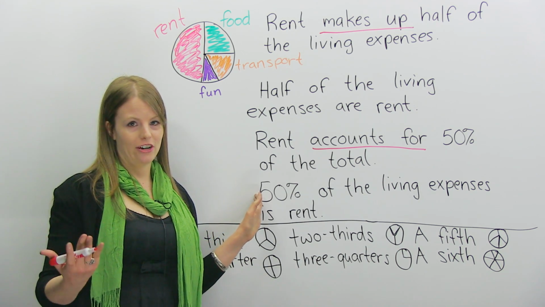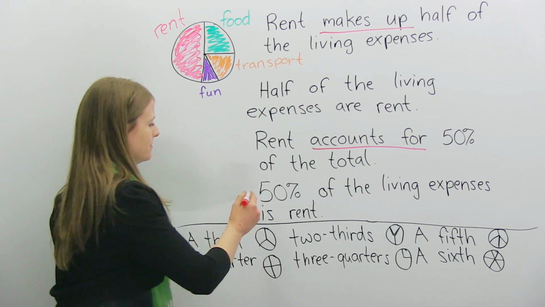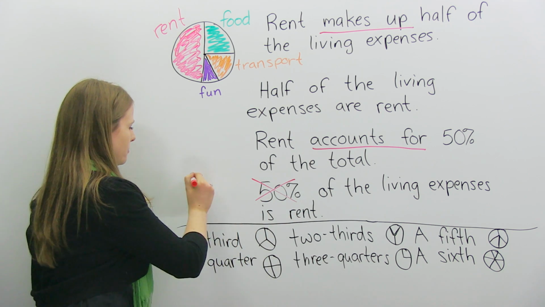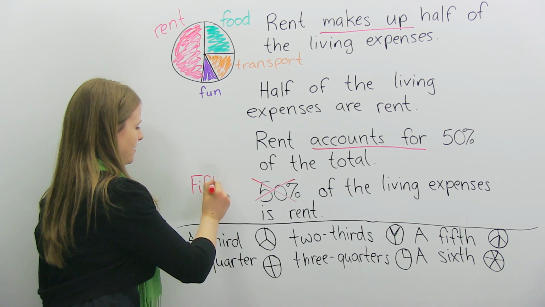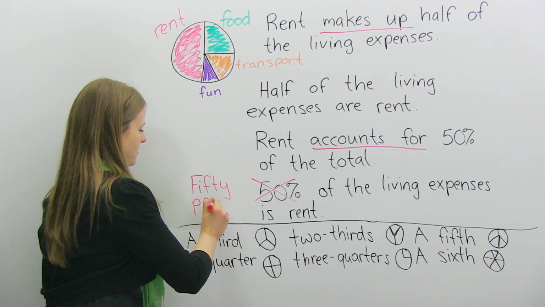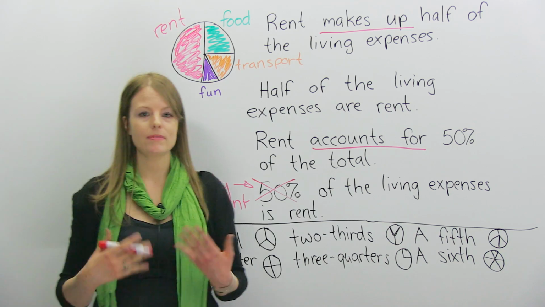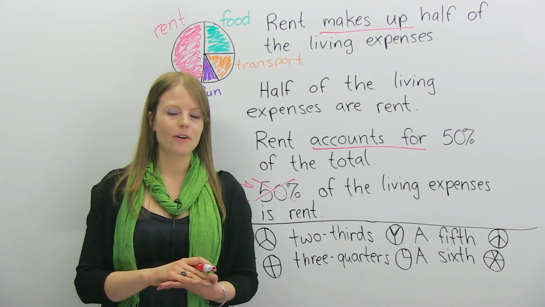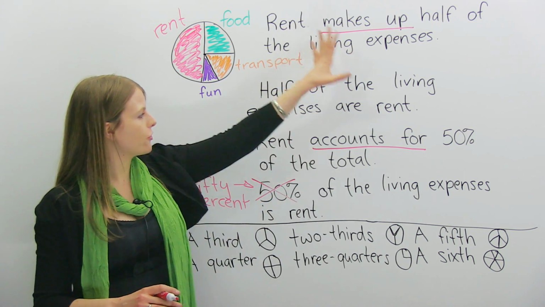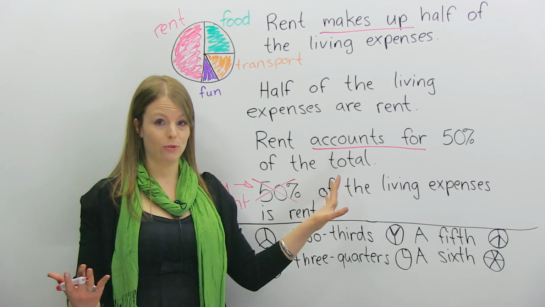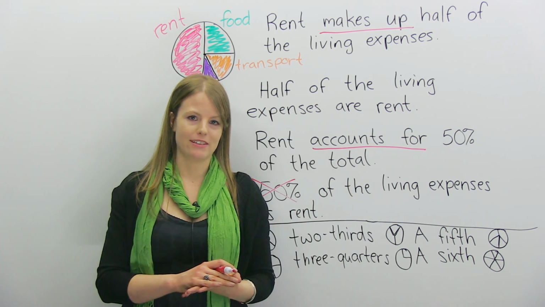This is not good. We don't like to start out with a number. It would be better to actually write it out. Okay, just like that. Excellent. So again, these are great sentences to use when you're writing about pie charts.